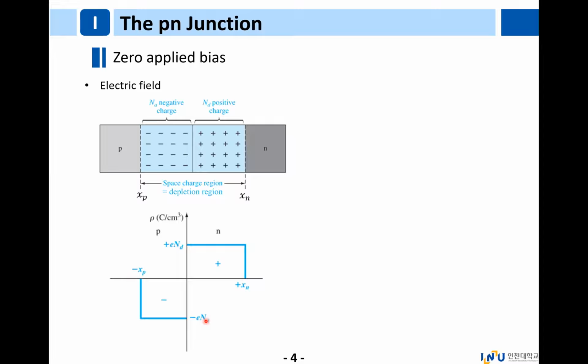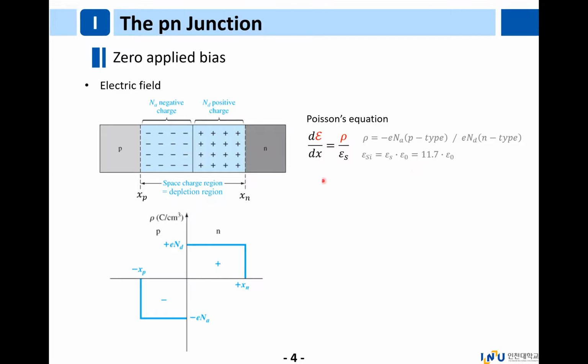Let's solve the Poisson equation for the p-type region. Since we are analyzing a silicon semiconductor, we can use the permittivity of silicon.